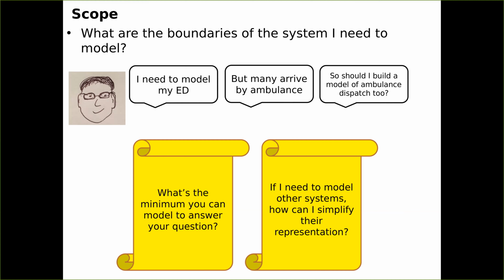And the second question is, if I do need to model other systems or other aspects of the system, how can I simplify their representation within the model? It's fundamentally because any extra scope, any extra detail that you put into a model is just more ways of being wrong. So you want to generally try and create simple but effective models that answer your question sufficiently.